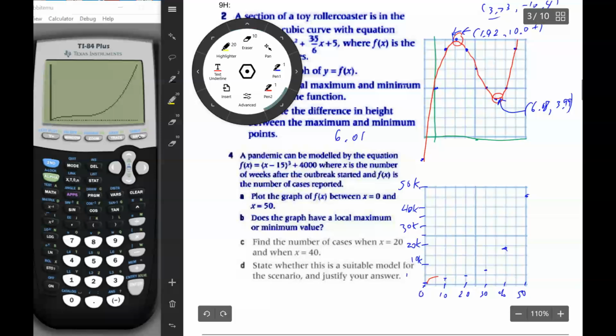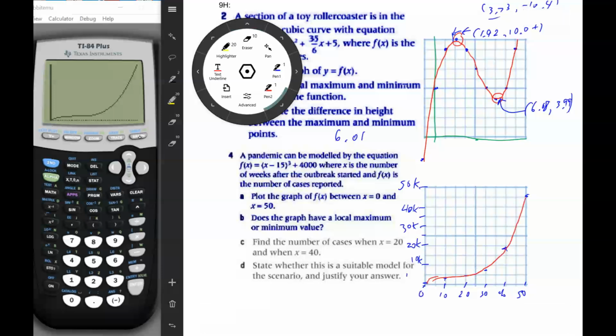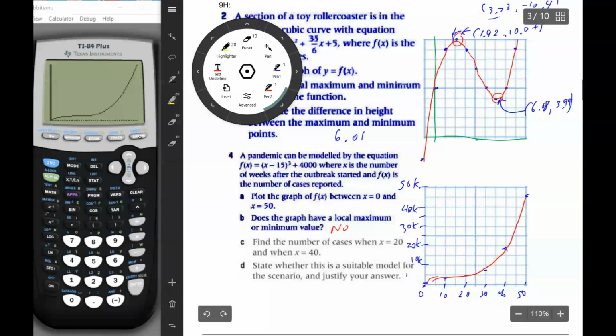Let's try that again. Okay, how's that? All right, so that's the graph, and then it says, does the graph have a local maximum or minimum value? No, it doesn't, because it's steadily increasing, right?